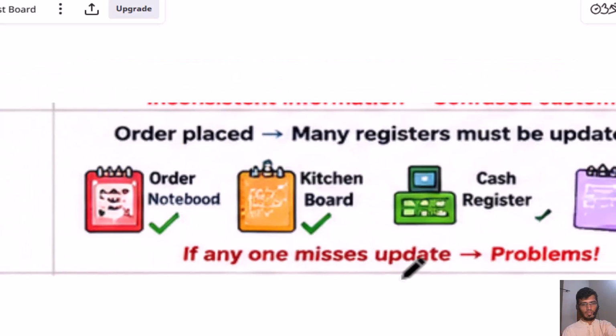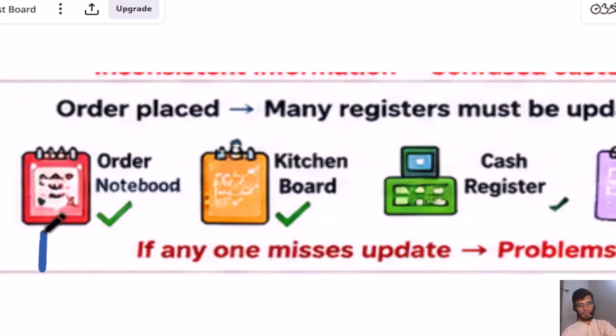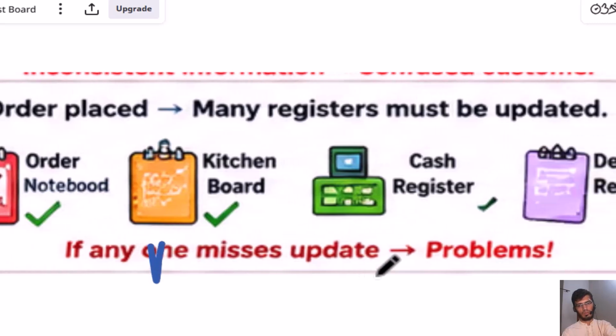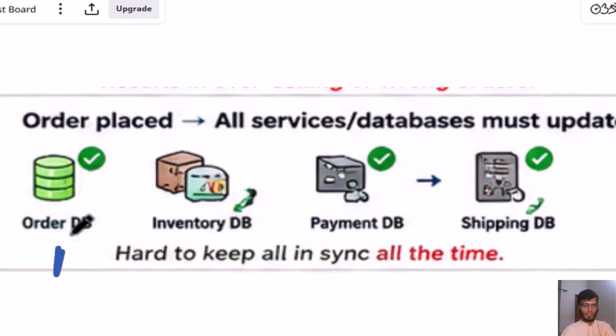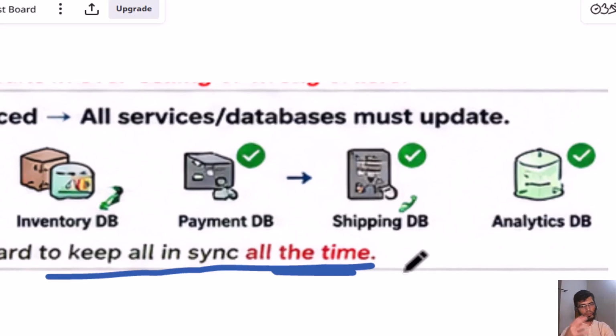In a real world analogy, you order a salad, you have to update this notebook, and then this notebook, and then this. We need to update the order DB, inventory DB. It is difficult to keep in sync all of the time, because the network is unpredictable and services can be unpredictable.